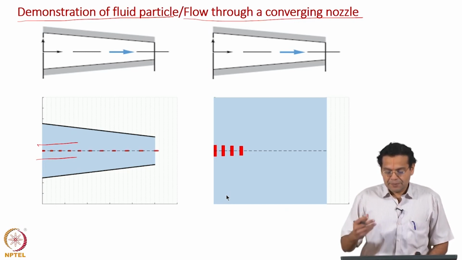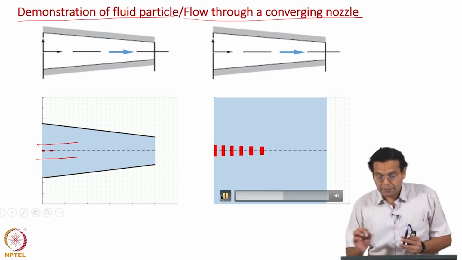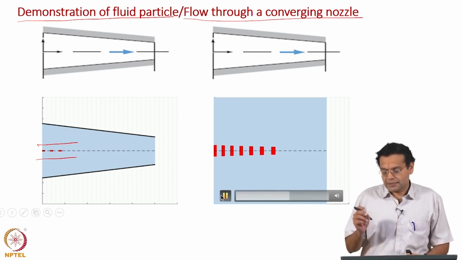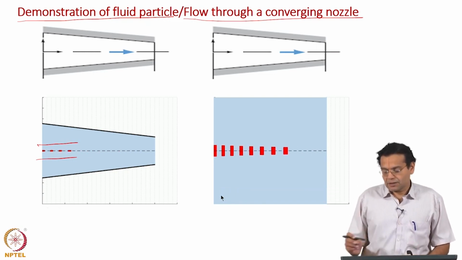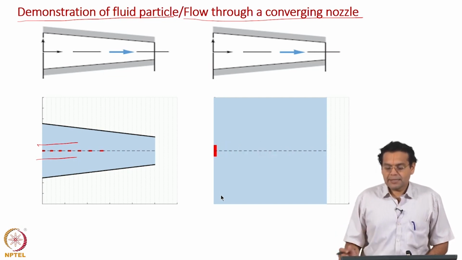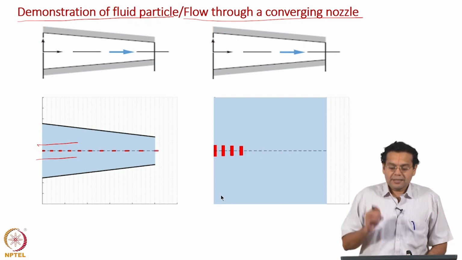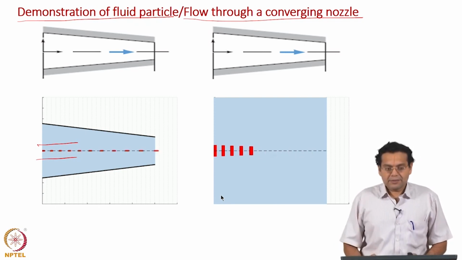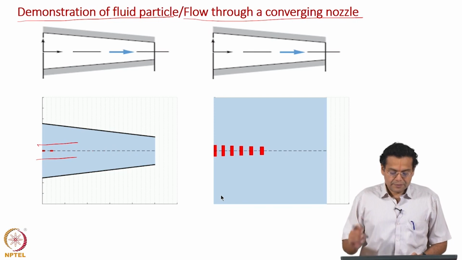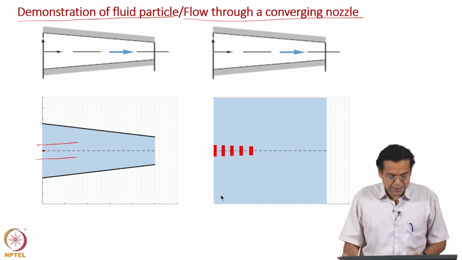I will just repeat, earlier we looked at this fluid element or fluid particle, and said that its length increases and height decreases along the flow direction. Now we can physically reason out these two statements. That is what we will do in the next slide.